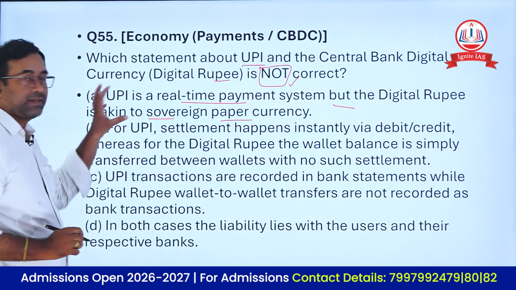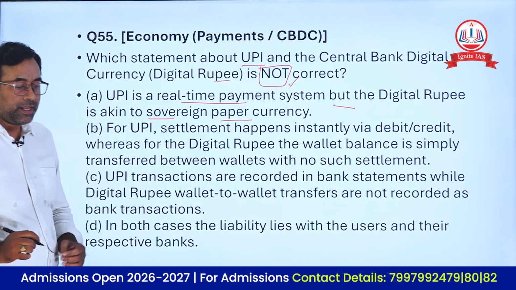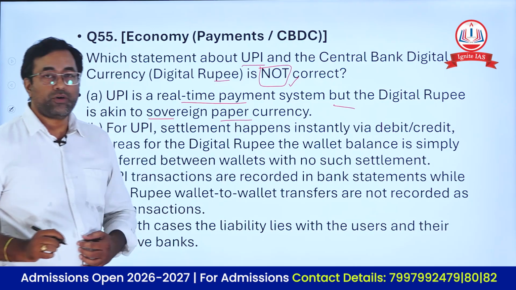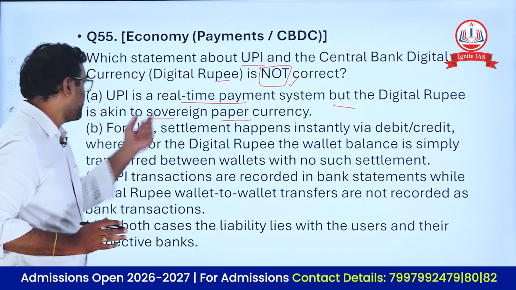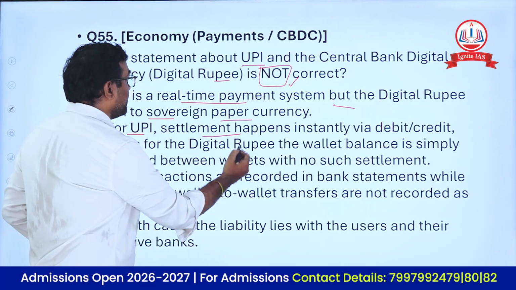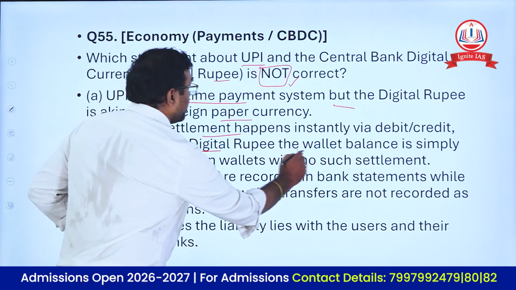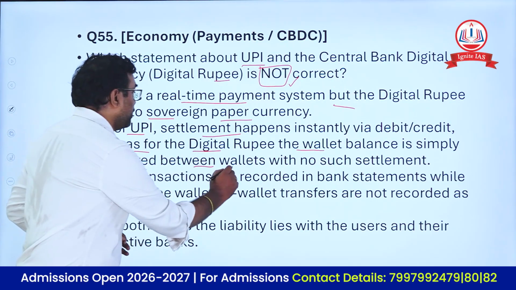This statement says UPI is helpful for any type of real-time payment system, and at the same time, digital rupee is a sovereign currency issued by the government. That is the first statement. Option B says UPI settlement happens instantly via debit and credit, and for digital rupee, the wallet balance is simply transferred between two wallets.